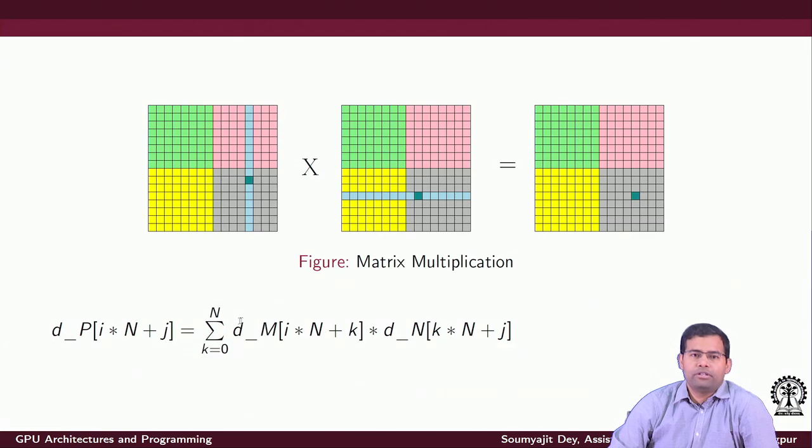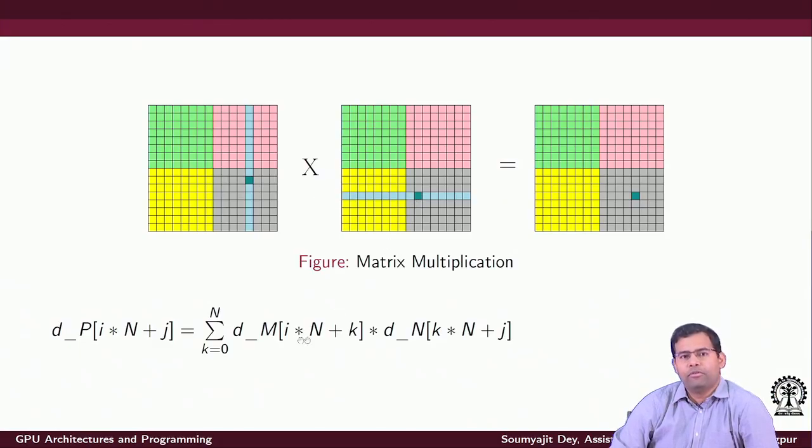As you can see, the expression would nicely match. For every value of k, for a fixed row, that is the ith row, you have i times n. So you have already covered all the elements preceding this row, and then you shift by k.